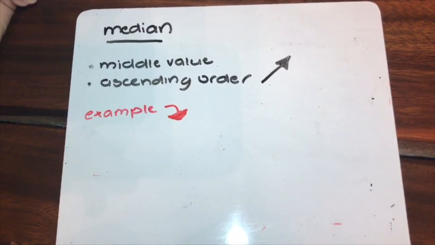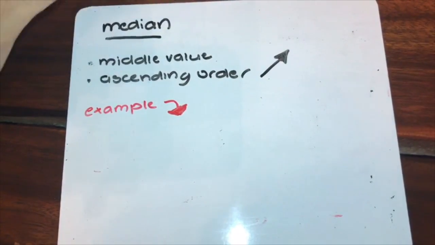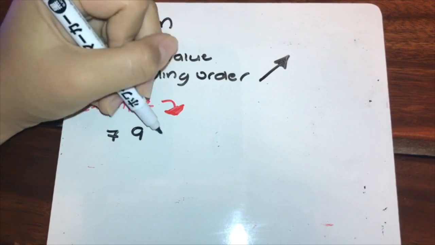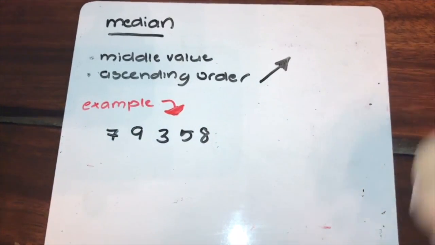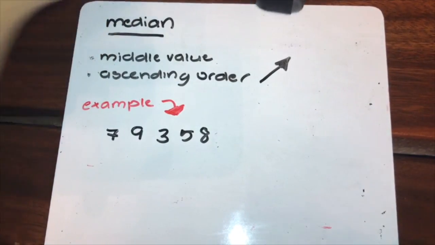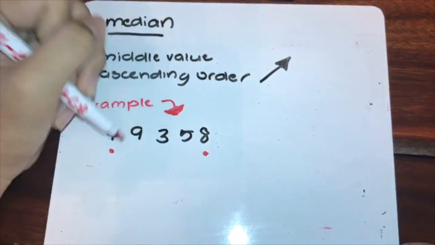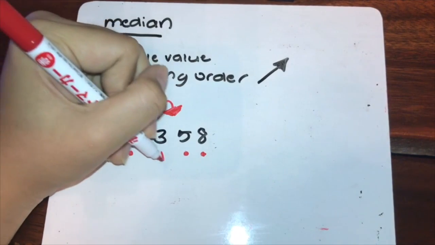So here's an example for median: 7, 9, 3, 5, and 8. If you count to the middle value, starting from each side, you go 1, 2, and that's already your middle. So this is your median.